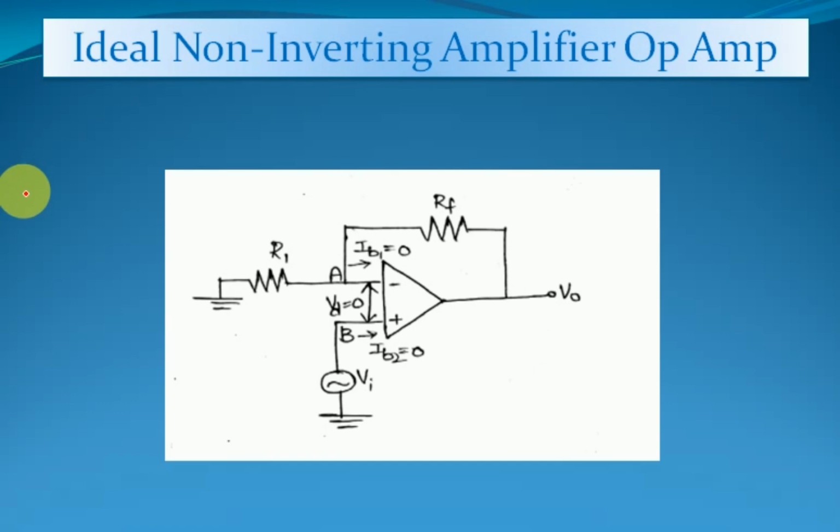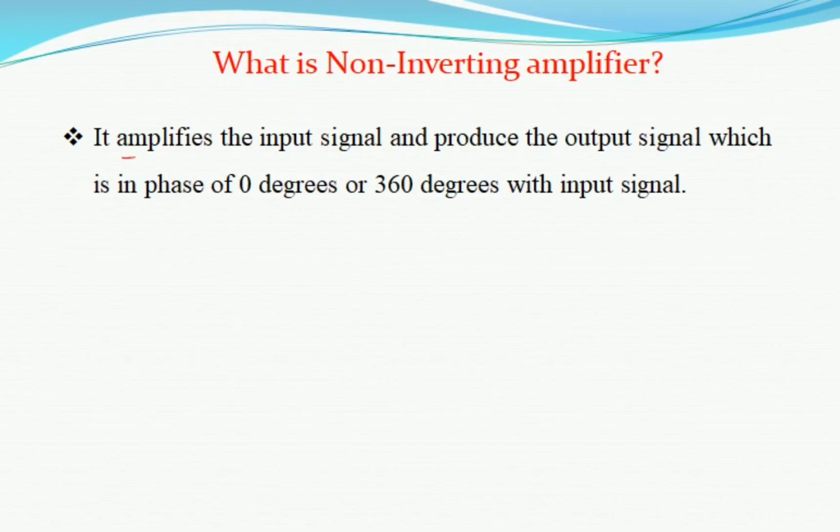Now, let us discuss what a non-inverting amplifier is. When an input signal is applied to the non-inverting terminal of an op-amp, we can say that this op-amp is a non-inverting op-amp. And what do we mean by amplifier? An amplifier is used to increase the incoming signal strength.